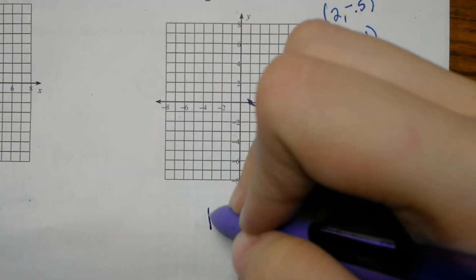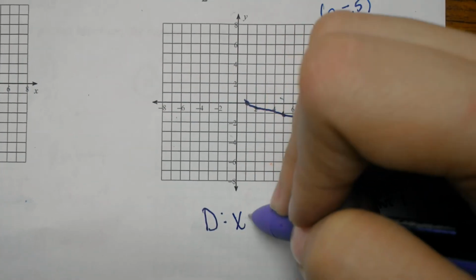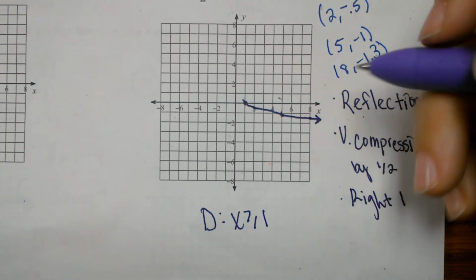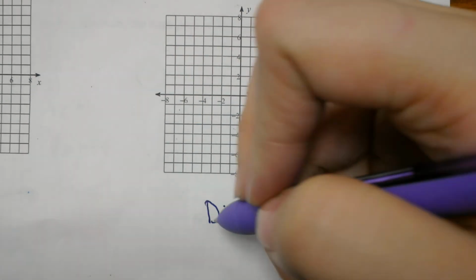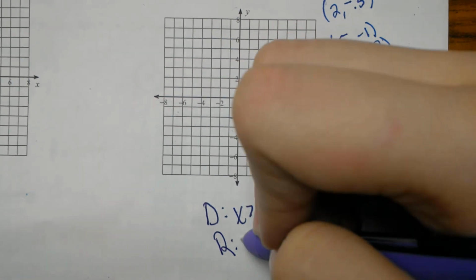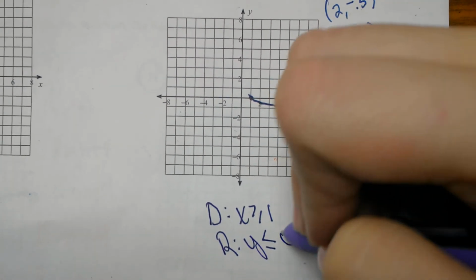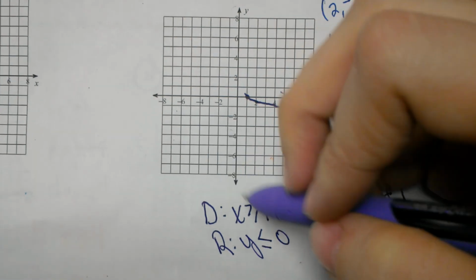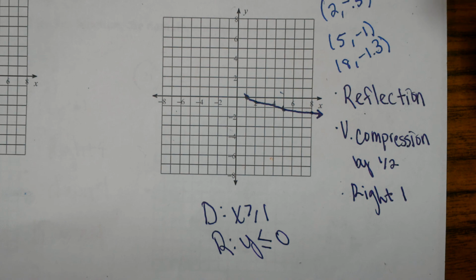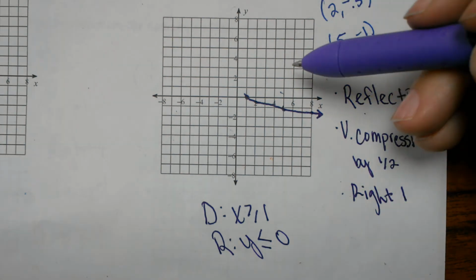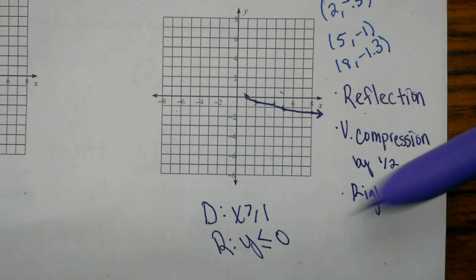So the domain is x greater than or equal to 1. The range is y less than or equal to 0. When you have a reflection, your y changes, not your x. With a reflection across the x-axis like this, where it's upside down, your y is what changes, your range.